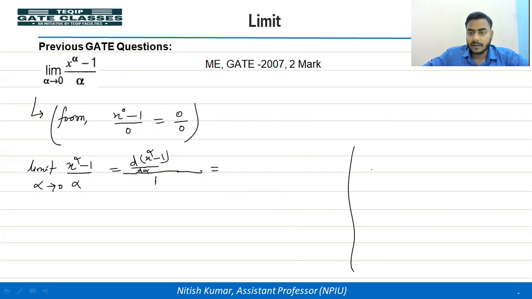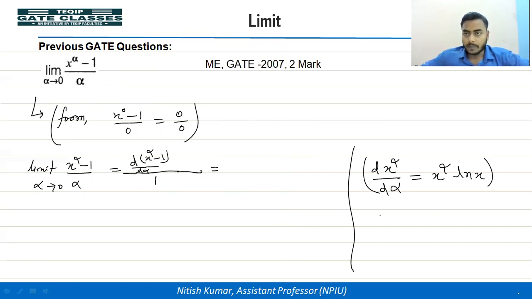See here, differentiation of x to the power alpha with respect to alpha will be x to the power alpha ln x, like we have seen in the previous differentiation formula slides.